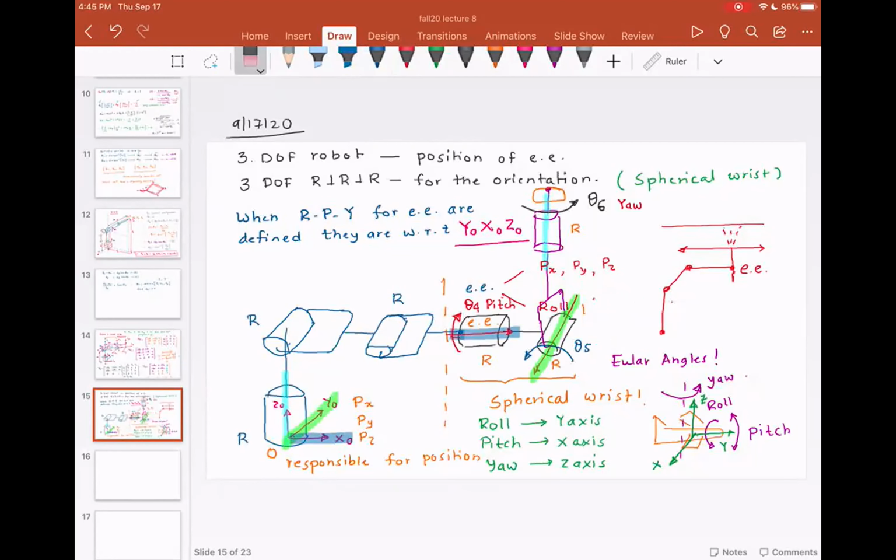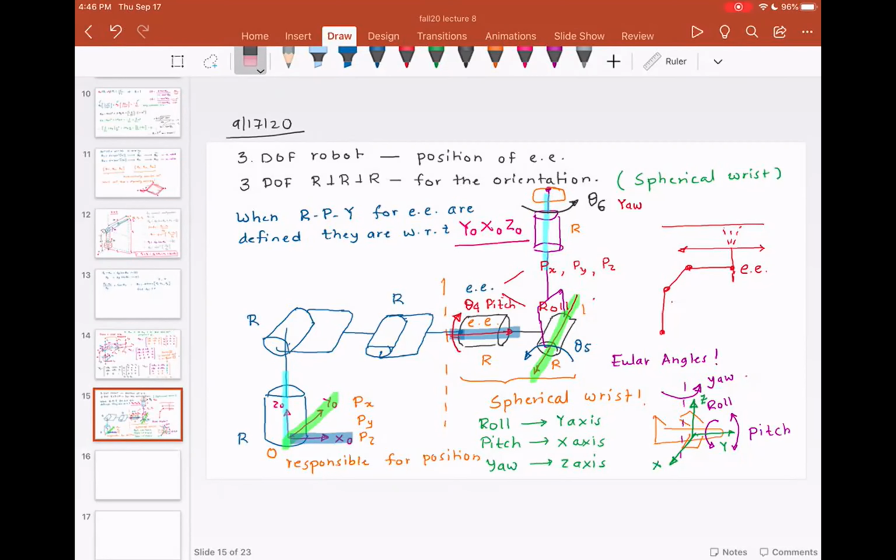Now please notice that the way I have drawn the spherical wrist, this spherical wrist can be used to orient the end effector in any roll, pitch, and yaw orientation. But the key question is, how do we find out those angles?